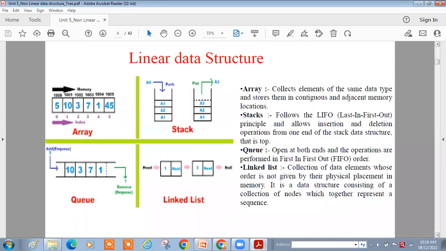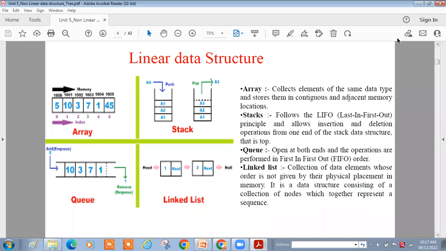All these terms are very familiar to you, and they are about the linear data structure. First of all, it is array. Already you have studied array, and you have performed different experiments on array. Array is nothing but a collection of elements of the same data type, stored in contiguous and adjacent memory locations.